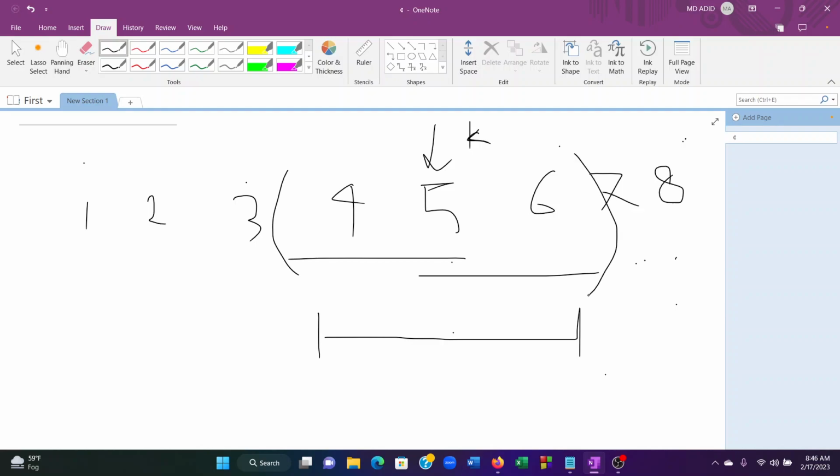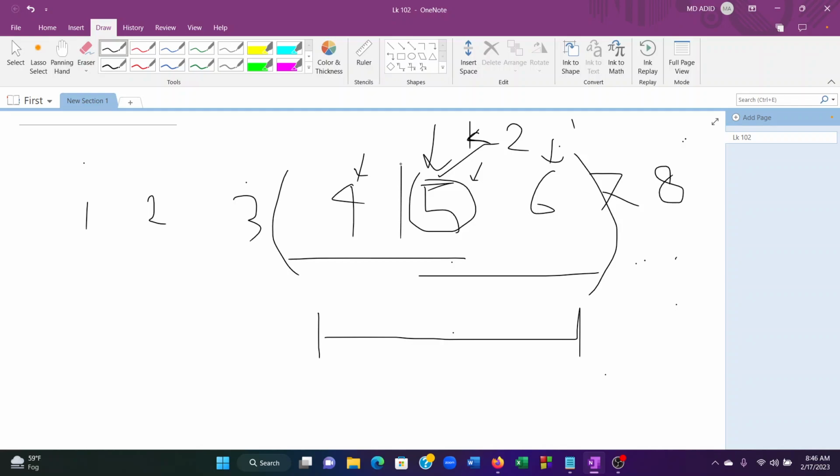Why do these two sorts of ranges matter? Because we're considering k, we're only considering two segments that end with k and begin with k. And by doing that, take a look at it. This 5 belongs to two ranges, but these 4 and 6 belong to only one range, because 5 is contained in between these two ranges, and it is uniquely contained in between them.